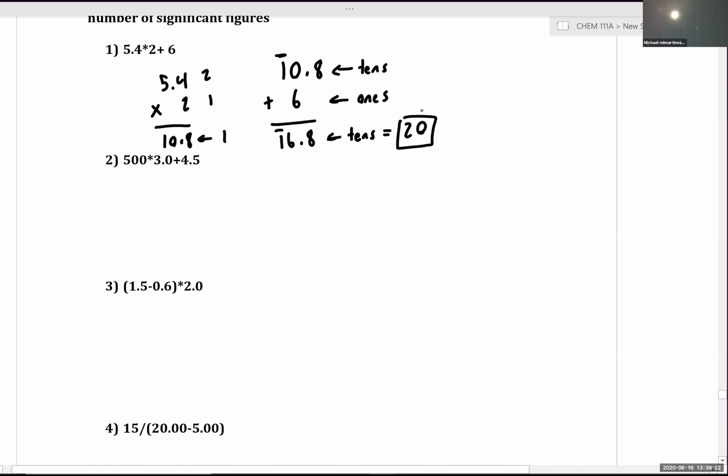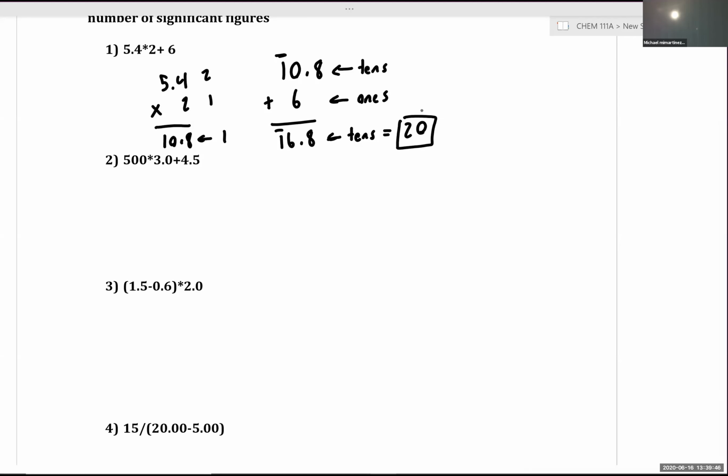The key thing for these multi-step operations is you need to follow the significant figure rules for each step individually. Does this first example make sense to everyone? It's slightly tricky. These are really designed to test detailed understanding of significant figures.